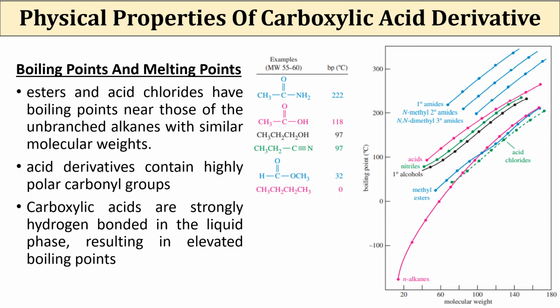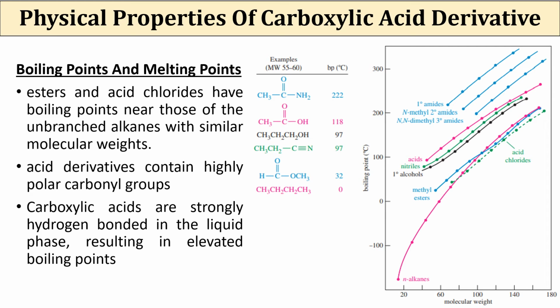Nitriles also have a higher boiling point than esters and acid chlorides of a similar molecular weight. This effect results from a strong dipolar interaction between adjacent cyano groups. Amides have surprisingly high boiling points and melting points compared with other compounds of similar molecular weight. Primary and secondary amides participate in strong hydrogen bonding. Tertiary amides lack a nitrogen-hydrogen bond, as we discussed earlier, so they cannot participate in hydrogen bonding, although they are good hydrogen bond acceptors.